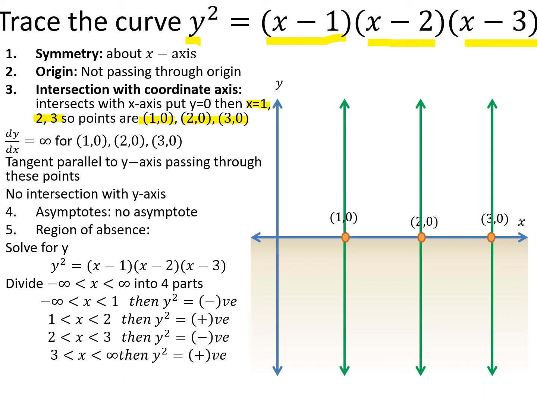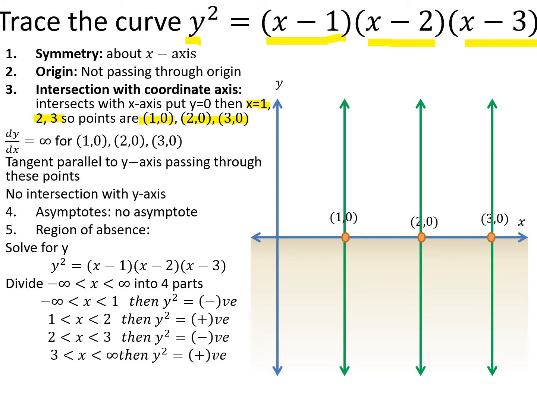Now the total x-axis is divided by the points minus infinity, 1, 2, 3 and plus infinity. So it divides into 4 parts: minus infinity to 1, then 1 to 2, then 2 to 3 and 3 to infinity. Now we will check one by one on each part whether the curve exists or not.